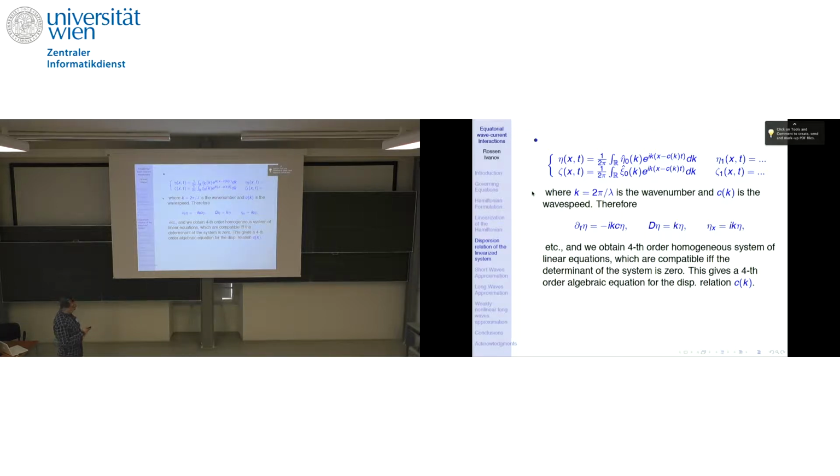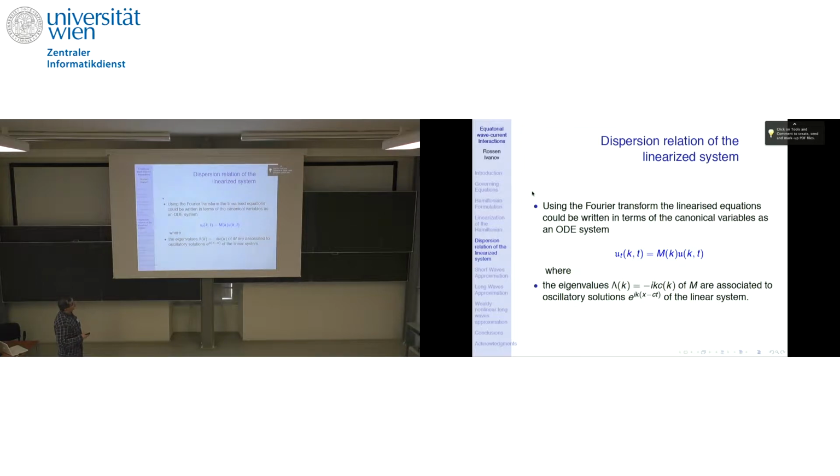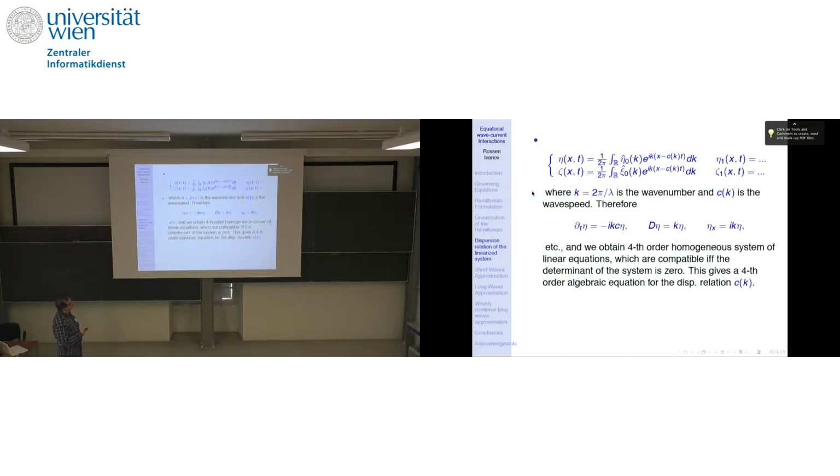What we have from this system, when the t derivative is minus ikc times the function and we put all this in the system, is a fourth order homogeneous algebraic system, which is consistent only if some 4x4 determinant is equal to 0.